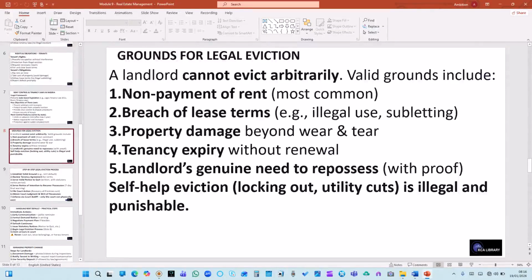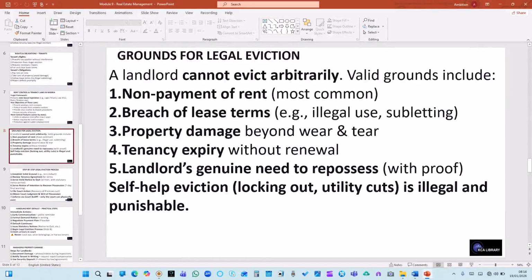Then number three ground is property damage beyond wear and tear. So when the tenant damages the landlord's property, it is a ground for eviction. Another ground is tenancy expiry without renewal. So when the tenancy agreement expires without renewal, it serves as a ground for eviction. Number five is landlord's genuine need to repossess with proof.